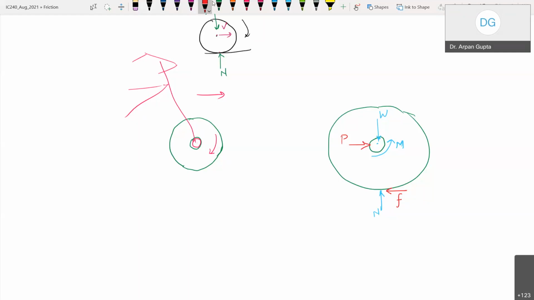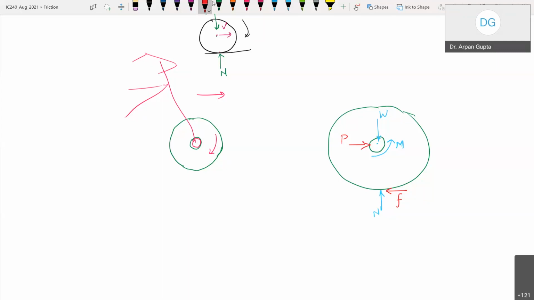For example, a cycle is one such case where you have to drive a rear wheel, but let's consider a very simple example of a cart, or in Hindi, I'm sure all of you have seen, thela gadi. So there are 4 wheels which are free to move, and when a person pushes that, the force P required is basically to overcome the bearing moment or the axial friction.